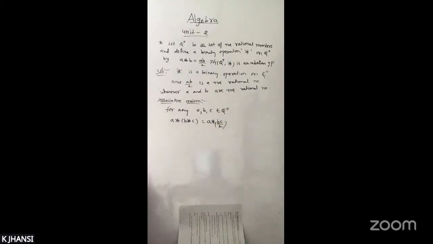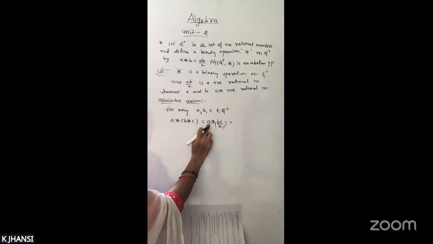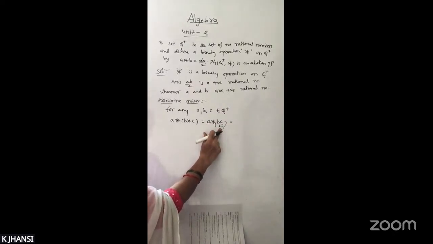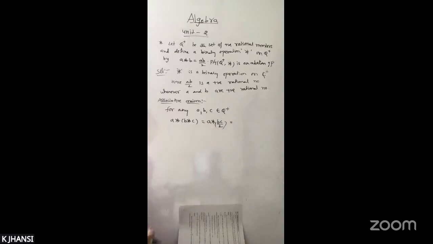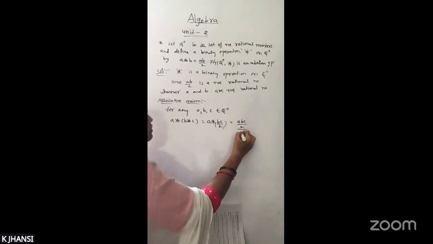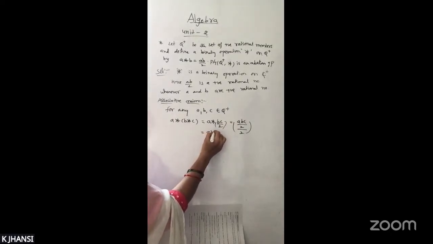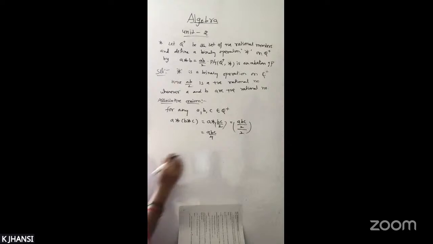Now taking A star of this whole thing, treating the whole thing as B, A star B is defined as AB by 2, which means ABC by 2 by 2, so it is equal to ABC by 4. This is 1.